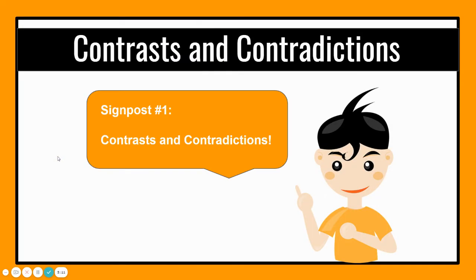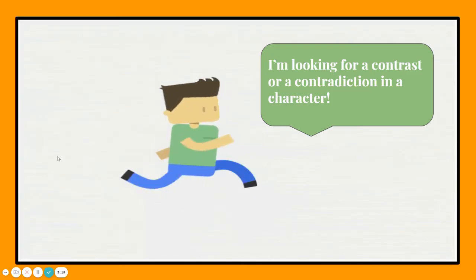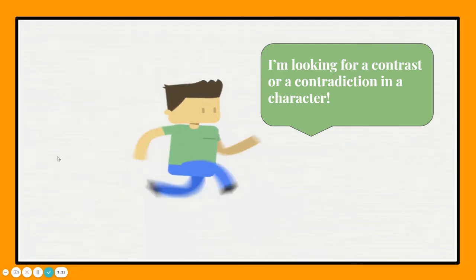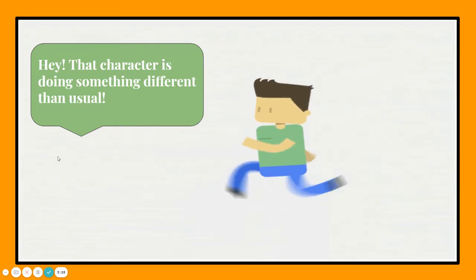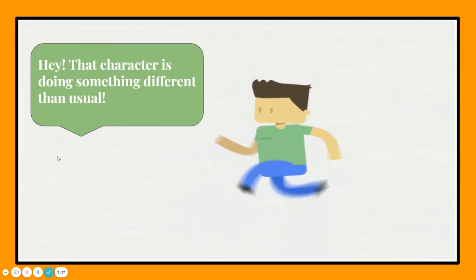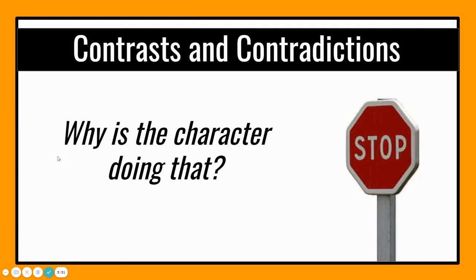Now that we know our first Notice and Note signpost, and we know that it's contrasts and contradictions, we're going to be on the lookout for it as we read. When we notice that there is a contrast or a contradiction with how a character has been acting, or how I expect the character to act, we're going to stop and ask ourselves the anchor question, why is the character doing that?